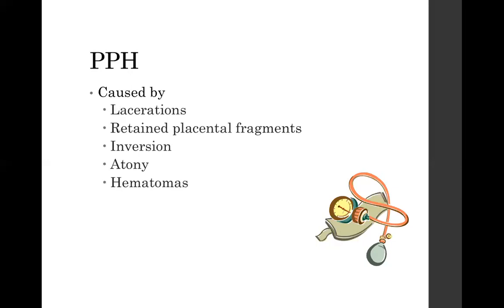With inversion, we can see spurts of blood as well. And one of the ways that we hope to avoid a uterine inversion, which is very scary when it happens, is that the provider hopefully is not tugging on the cord to deliver the placenta.